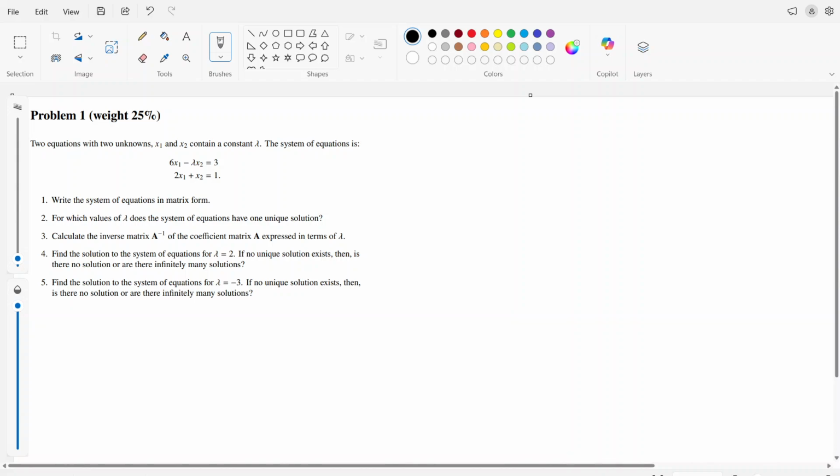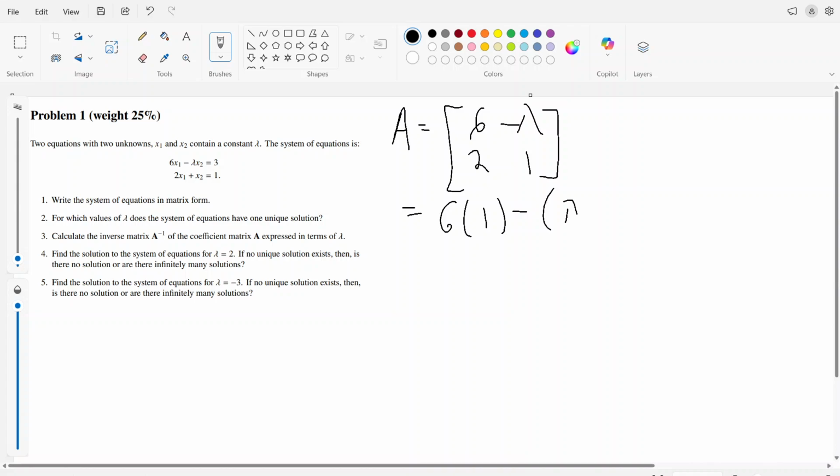So again, I'm going to rewrite our matrix: 6, 2, negative lambda, 1. Here our determinant would be 6 times 1 minus negative lambda times 2, which becomes 6 plus 2 lambda, because two negatives make a positive.